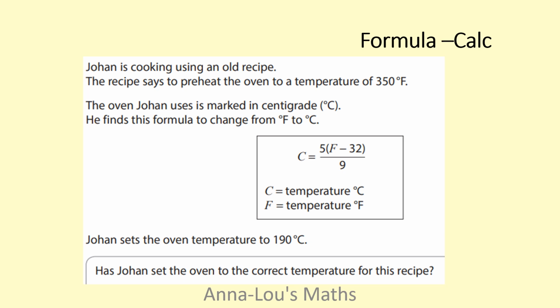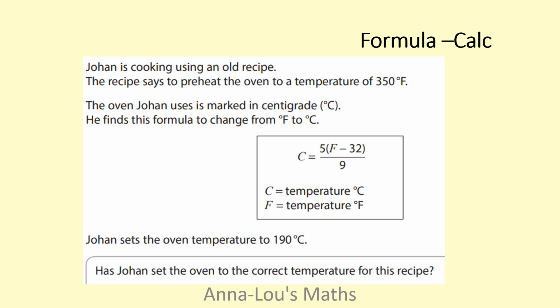Secondly, it says, has Johan set to the correct temperature? This question can only be answered by a yes or a no. Even if you've done all the maths and got the maths correct, you need to actually answer the question. You need to either say, yes, it's correct, or no, it's incorrect. That being said, pause the video, give it a go, and I'll see you in a minute.